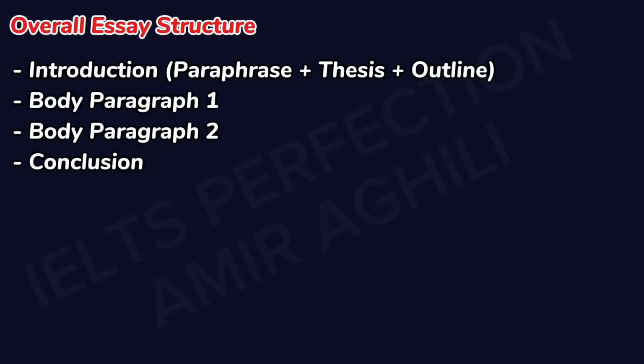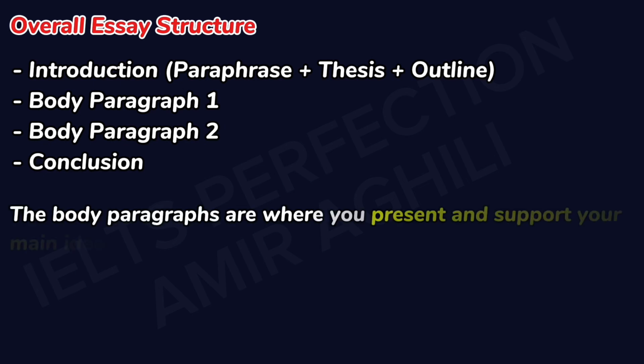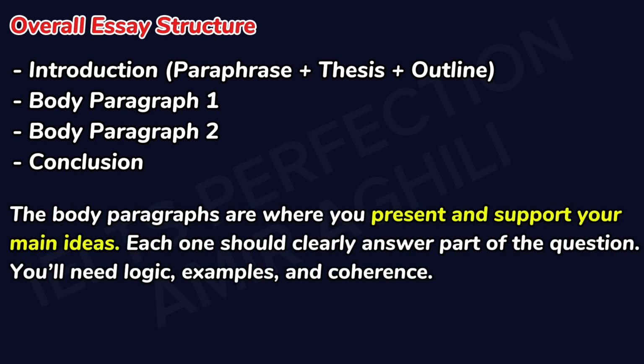IELTS essay writing consists of 4 parts: Introduction, Body Paragraph 1, Body Paragraph 2 or sometimes 3, and Conclusion. The body paragraphs are where you present and support your main ideas. Each one should clearly answer part of the question. You'll need logic, examples, and coherence.